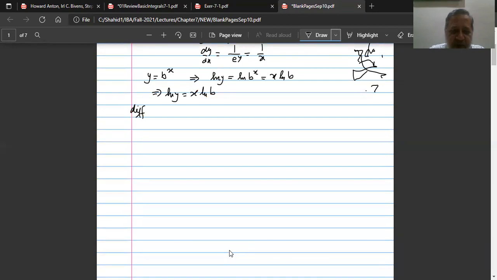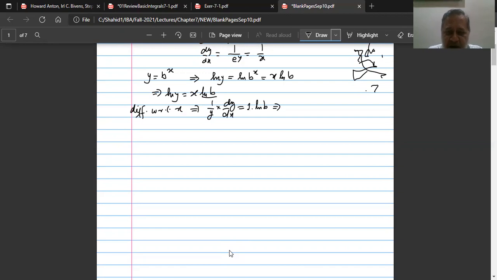If you differentiate this with respect to x, the derivative of ln y will be 1 upon y, then dy by dx, the chain rule that you may have studied. Here ln b is constant, the derivative of x is 1.